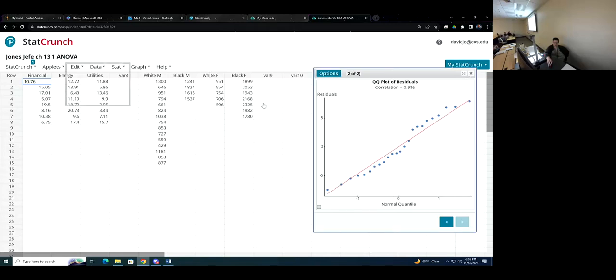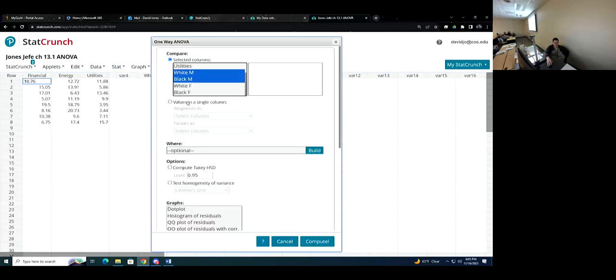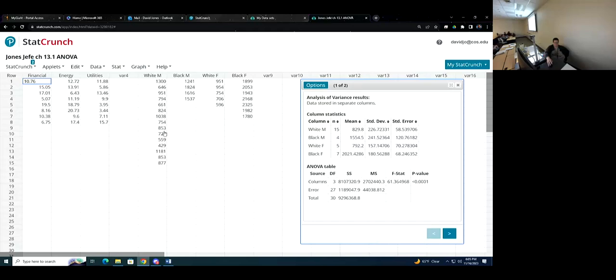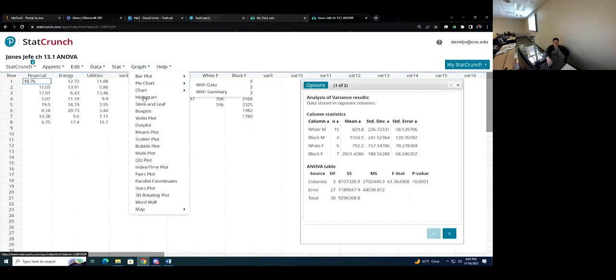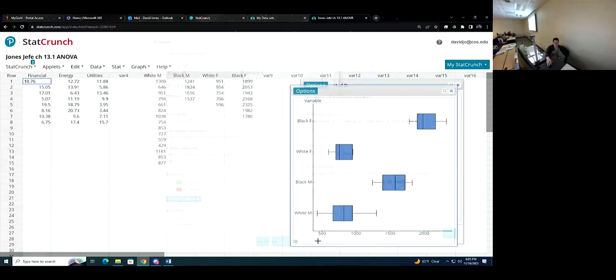So let's do our test on this group. Stats, ANOVA. And we're on the genders and the races. We'll check a box plot real quick. I want to make sure that I'm good to go. I don't want any outliers. That's what we're looking for here.